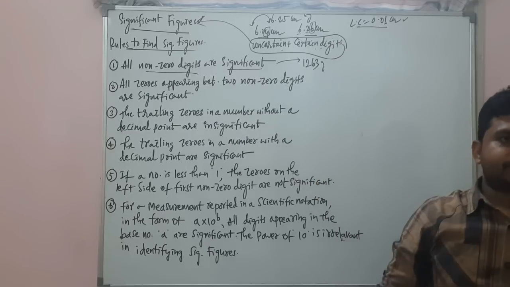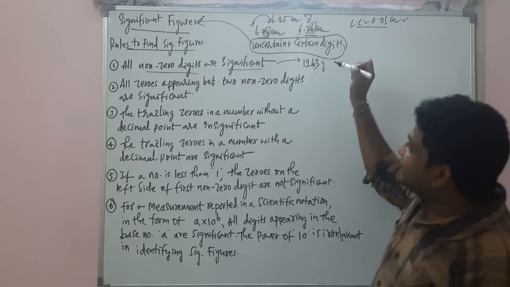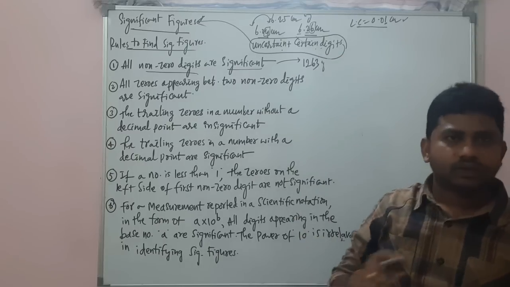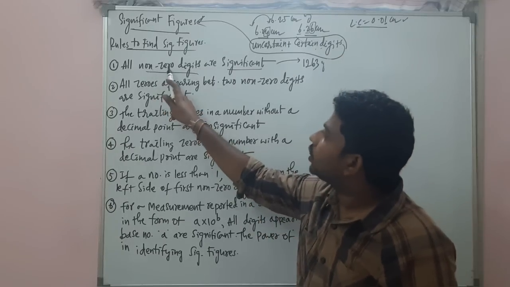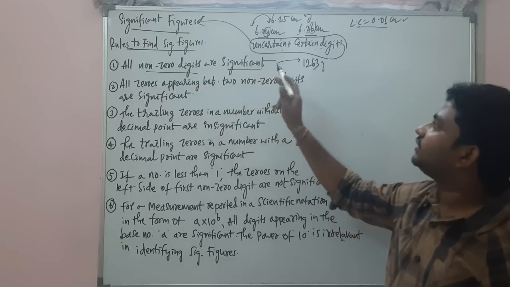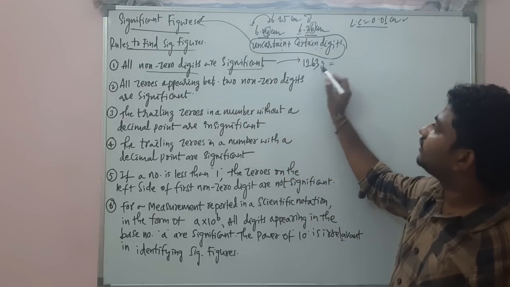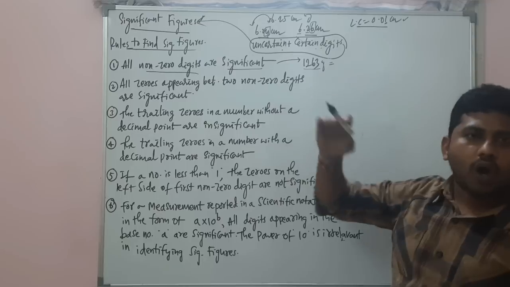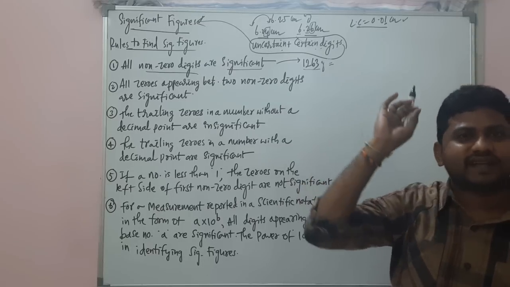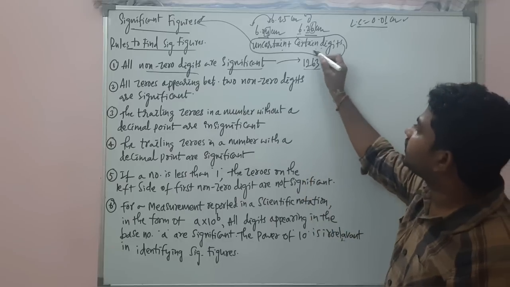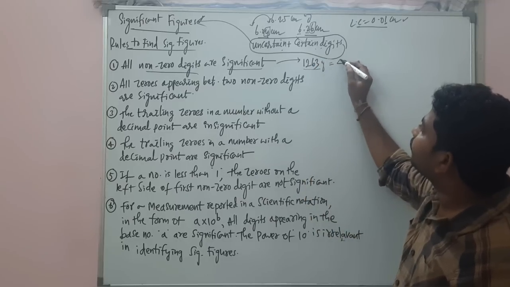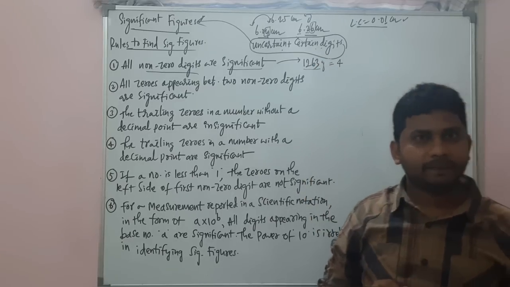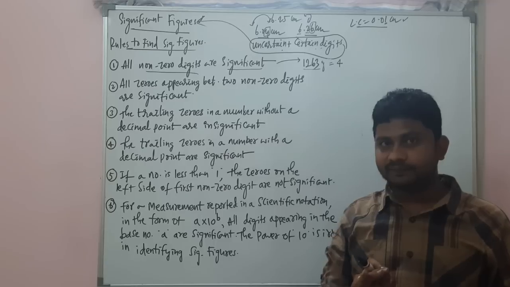Is there any zero digit here? No. All non-zero digits are significant. So how many significant figures are present here? 1, 2, 3, 4. All non-zero digits are significant. So number of significant figures here is 4. Is it simple? Simple?